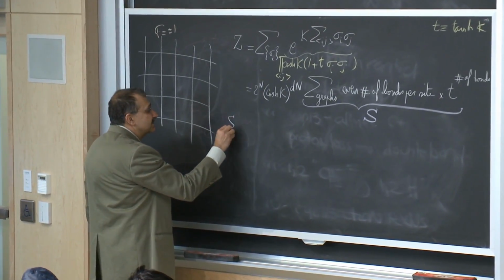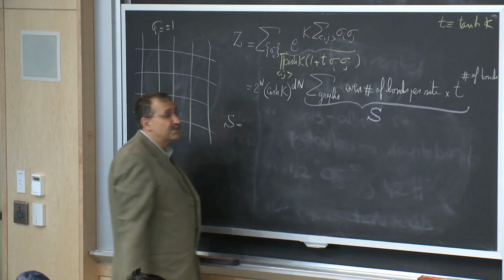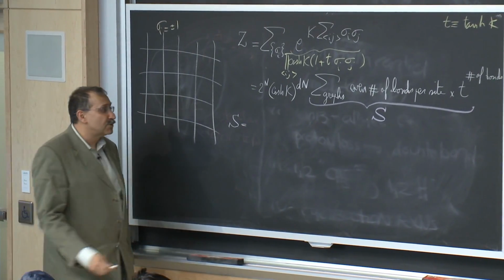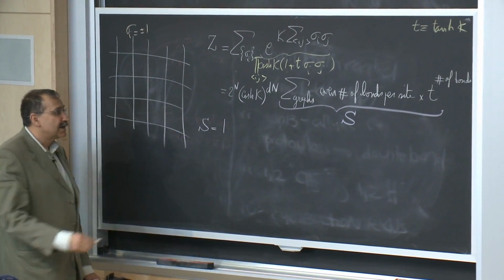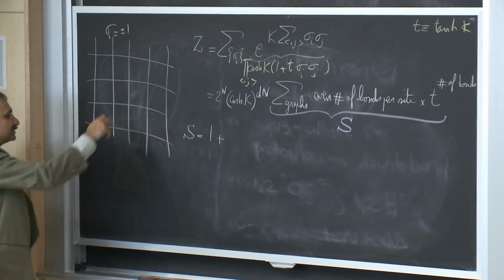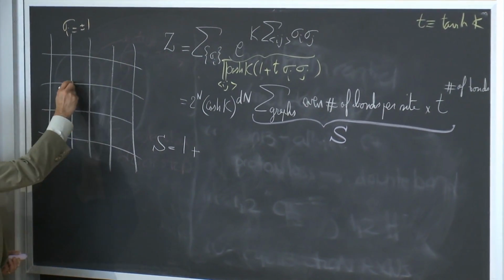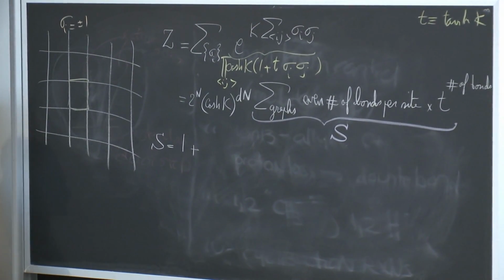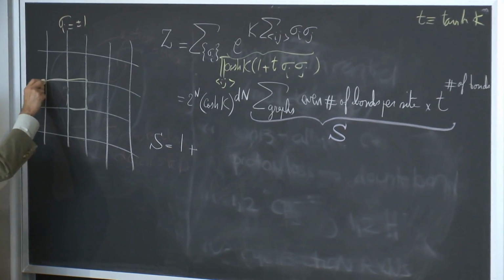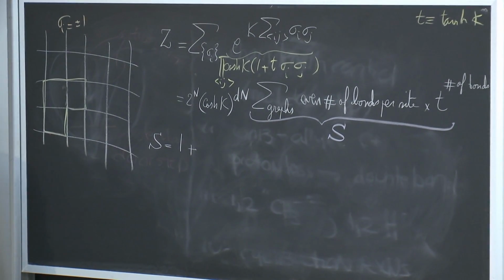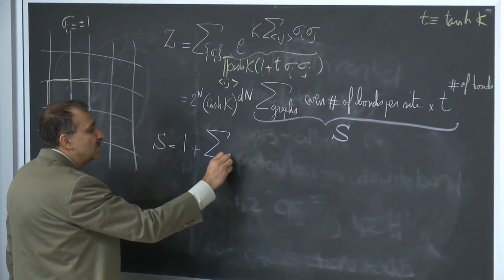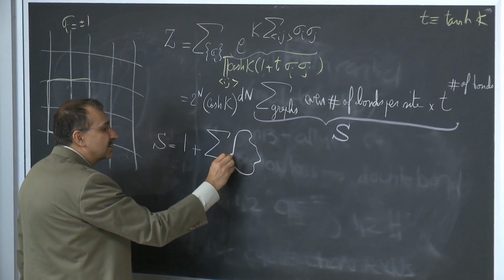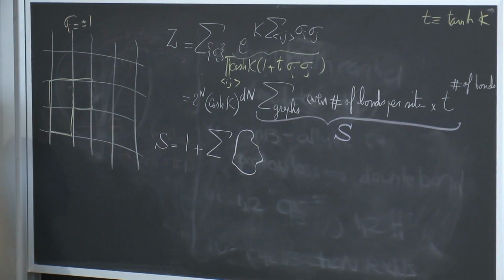So in this S, I can either pick 1 from all of the factors, so to the lowest order in t, I would have to put 1. And then we saw that the next order correction would be something like a square, which is t to the 4th. And then there are more complicated objects, and I can write all of those as a sum over graphs that I can draw on the lattice by going around and making a loop.